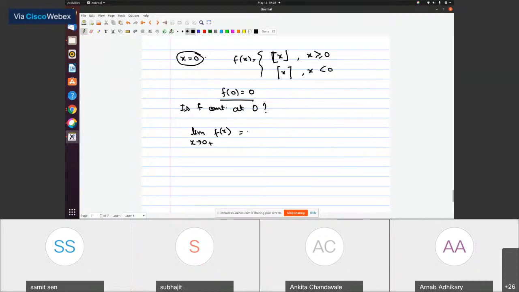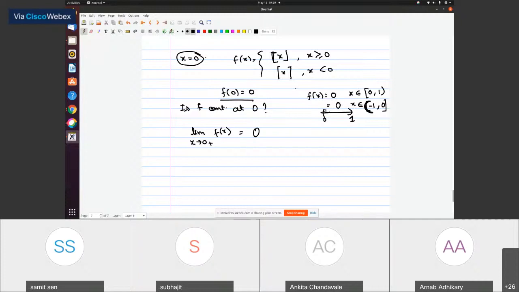From the positive side, for x in 0 to 1, open at 1, the function value is 0, right? f of x equals 0 when x belongs to 0 to 1. And from the negative side, what will be the value? When x belongs to -1 to 0, it will be again 0, sir.